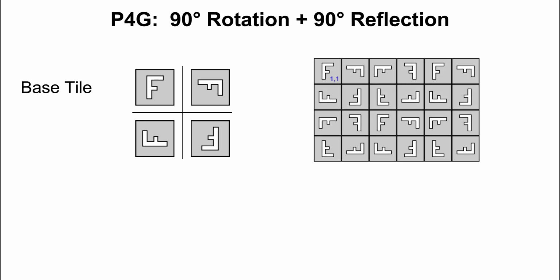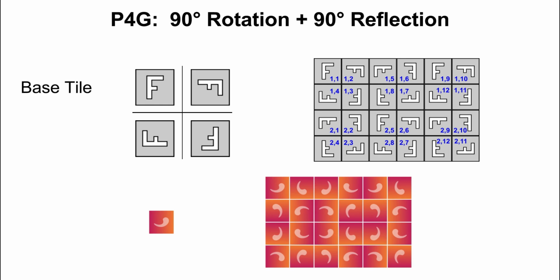But in columns, this is column 1, column 2, column 3, and column 4. Similarly, this is column 5, column 6, column 7, column 8, and so on. In this 2x12 setup, after every 4 columns, the tiles are reflected both horizontally and vertically. If we have this as a base tile and select P4G from the dropdown, the 2x12 grid will be like this.